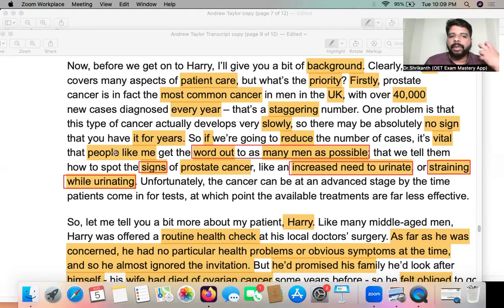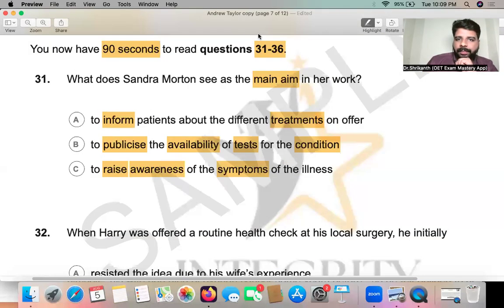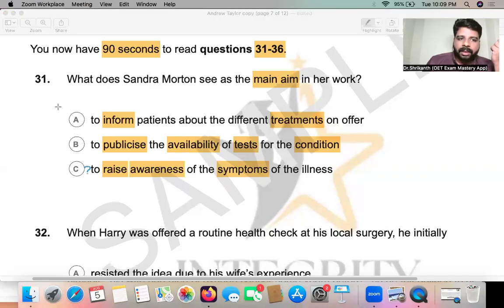And what is her duty? People like me, people like herself, the main duty, it is very vital that she actually spreads information to as many men as possible. So what you can do, you can put a very strong question mark over here, because the keywords are mentioned, right? You take your pencil and put a question mark, because the verb over here, raise awareness, is mentioned, and along with that, the keyword as well.